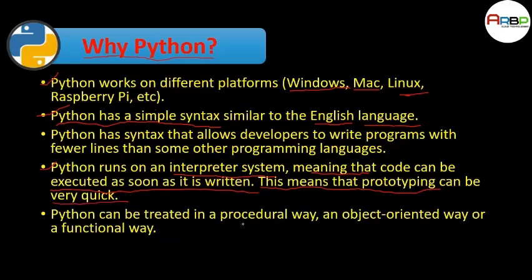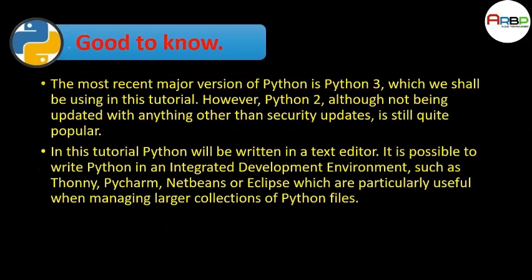Python can be treated in a procedural way, an object-oriented way, or a functional way. The most recent major version of Python is Python 3, which we shall be using in this tutorial. However, Python 2, although not being updated with anything other than security updates, is still quite popular. So Python 2 is popular, but in this tutorial we will be using Python 3.